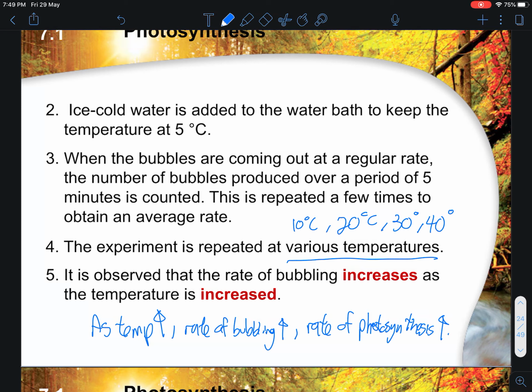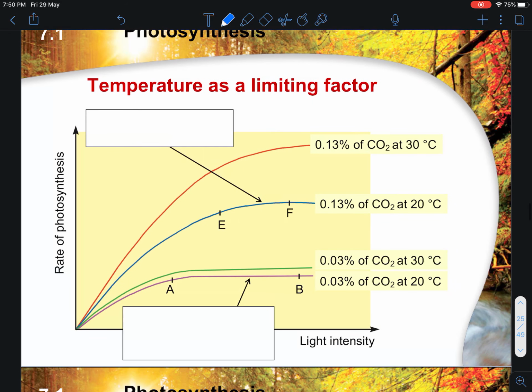But there is a danger to this. Any temperature that is too high will lead to a decrease in the rate of photosynthesis, or a decrease in the number of bubbles formed over a period of time, because the enzymes have denatured. Okay, so do take note of that one.